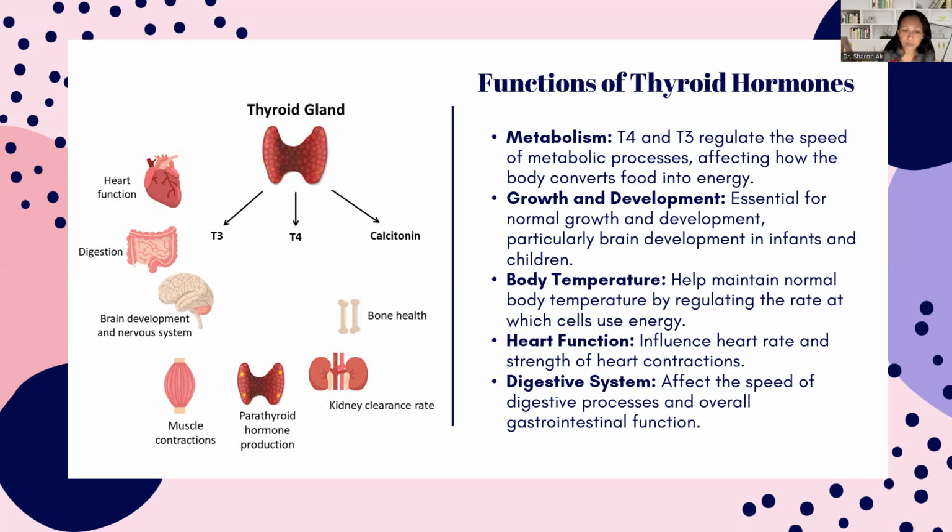So we'll have weak bones, cramps, as well as defective kidney clearance, either increased or decreased urination, with the thyroid processes. Okay. So if you can see, the thyroid hormone is going to affect almost all types of processes in the body, right? Including growth and development.